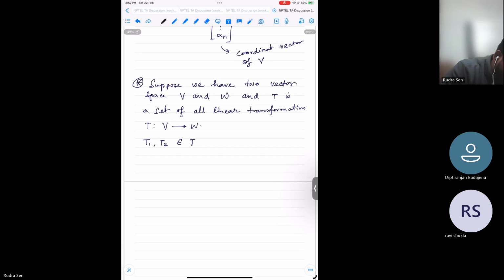Now the term basically you should know: when we are mapping from V to W, the space from which we are mapping is called the domain, and the space where we are mapped to is called the codomain.